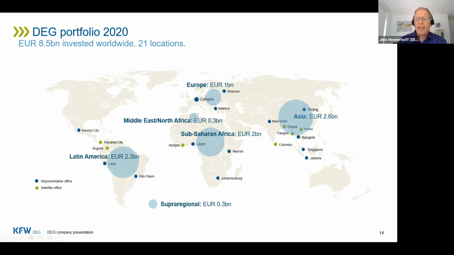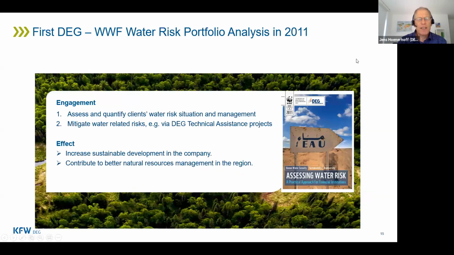If you change to the next slide, that was our starting point for the portfolio in 2011, exactly 10 years ago, when we worked with the WWF on the portfolio analysis of our companies.